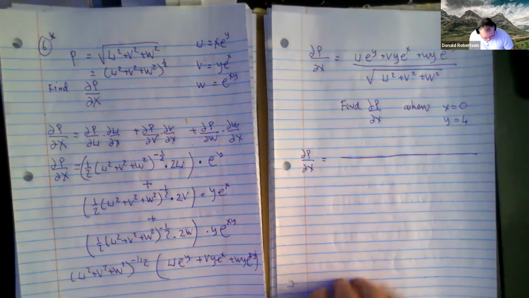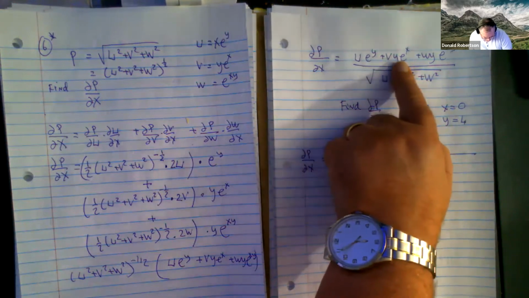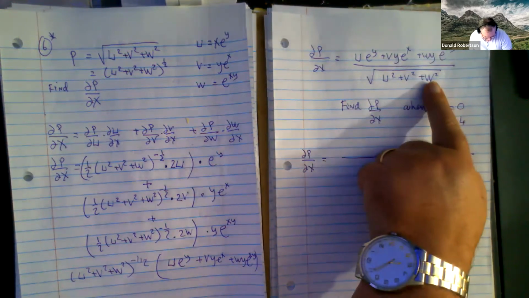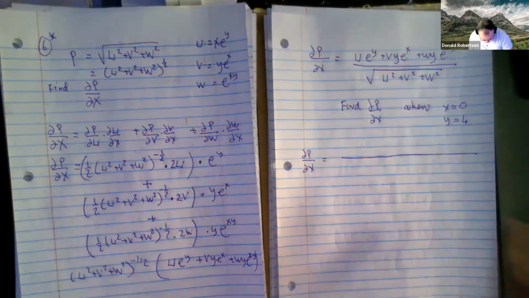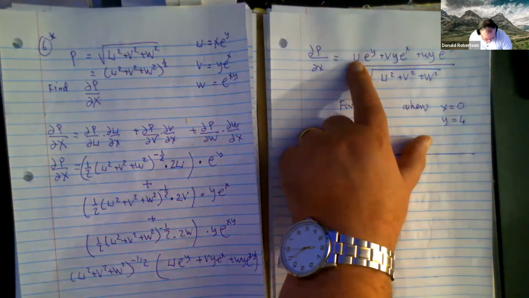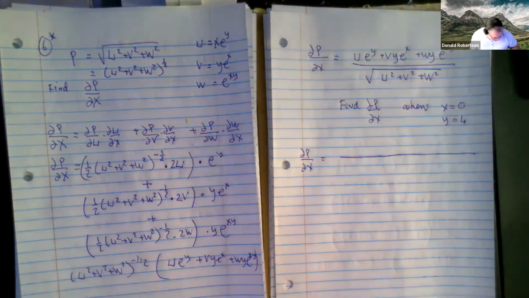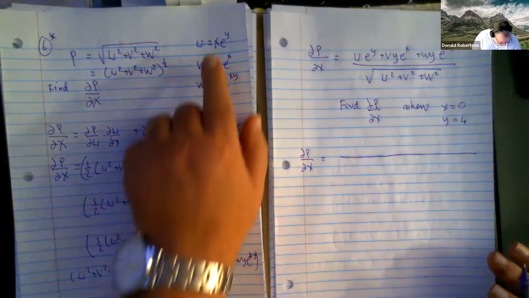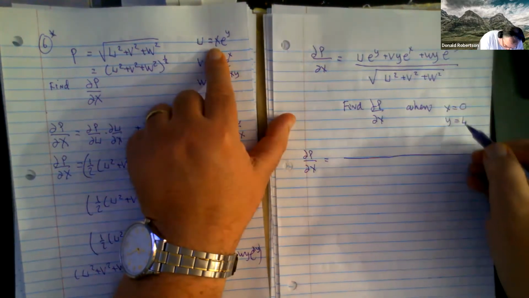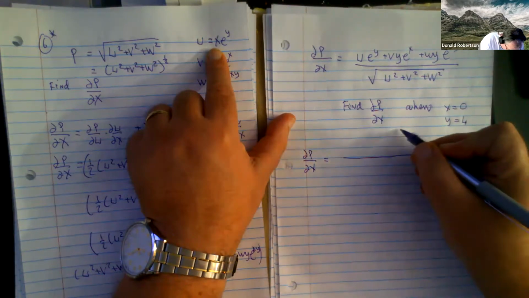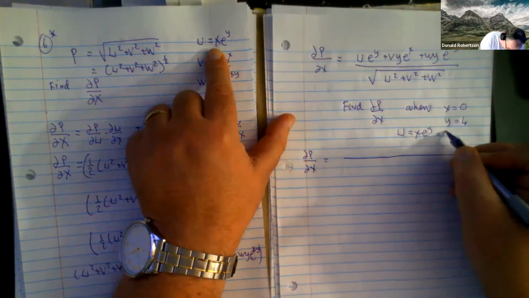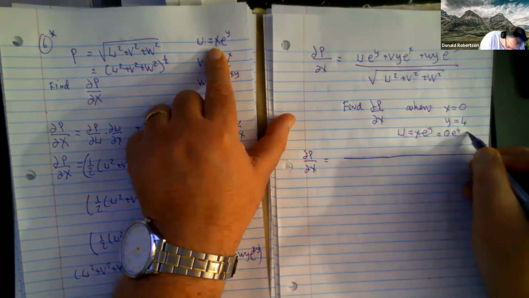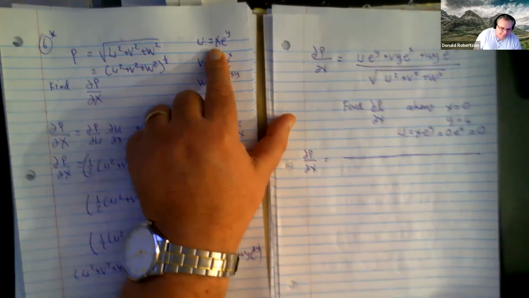Well, the first thing I notice is that I can get these pieces I'm pointing at with my fingers, right? All the pieces that have x's and y's in them, I can get their values. What I don't know is what numbers u and v and w are. Well, if x is 0 and y is 4, won't u be x e to the y? Won't that be 0 times e to the 4, which means u is 0?